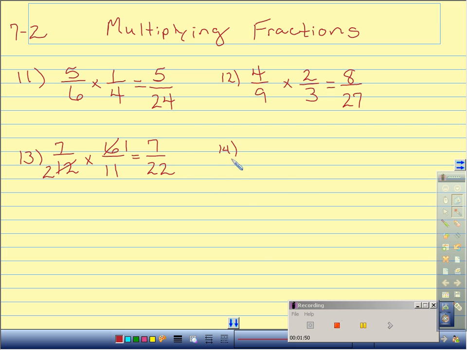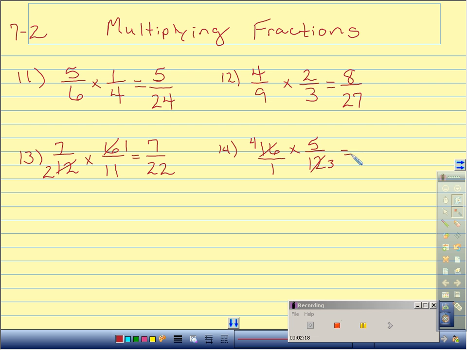14. 16 times 5/12. We have a whole number, so we know we have to put it over 1. I can cross reduce 12 and 16 by dividing by 4. 4 goes into 12 3 times. 4 goes into 16 4 times.